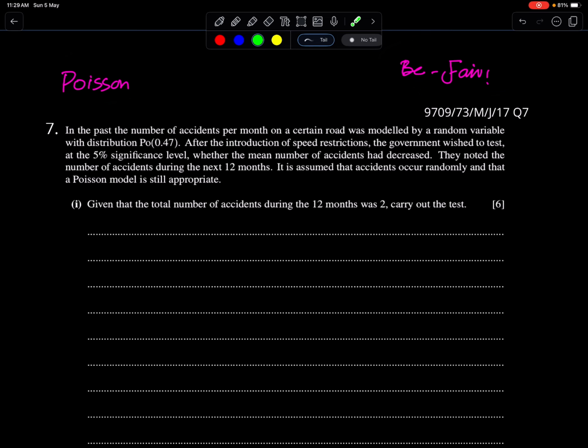This question is from June 17, paper 7.3, question 7. In the past, the number of accidents per month on a certain road was modeled by a random variable with Poisson distribution, and its lambda is 0.47.